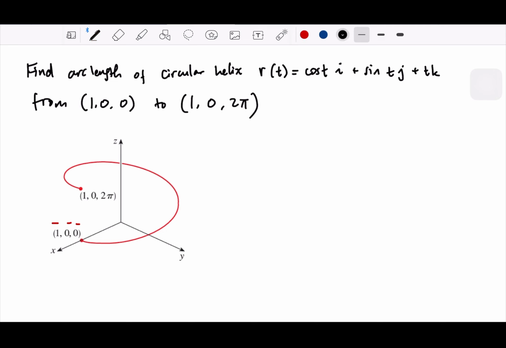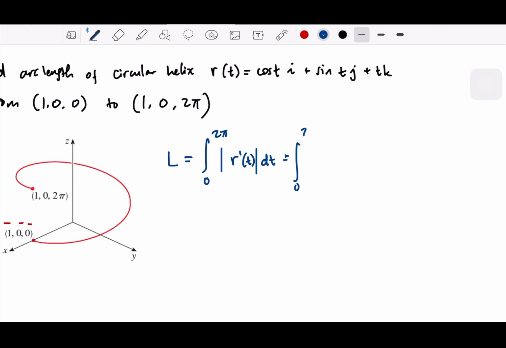So we can take that and write the arc length. We differentiate, so let me write r prime of t.